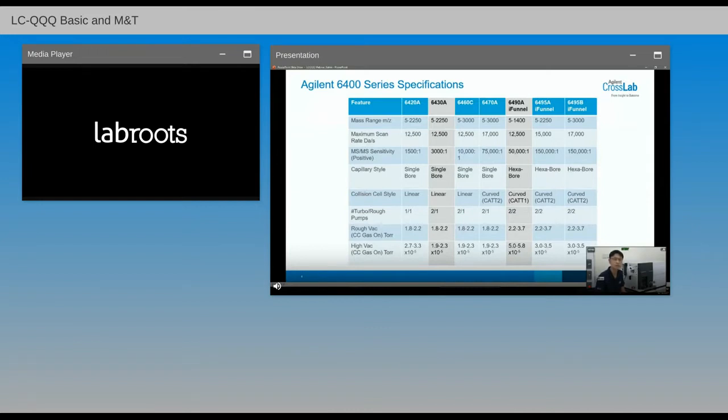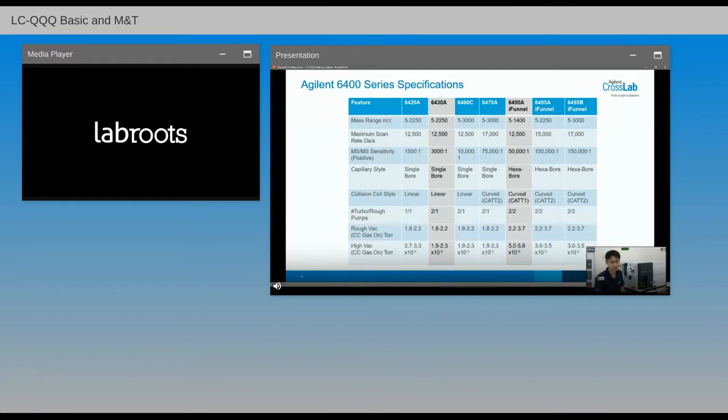But the 6495C, which is now in the market, has a further enhancement to close to about 550,000:1. And if we are going to look at the 6470, 70A, and now the 70B, we are now having a sensitivity level of about 350,000:1. So there's quite a big improvement.